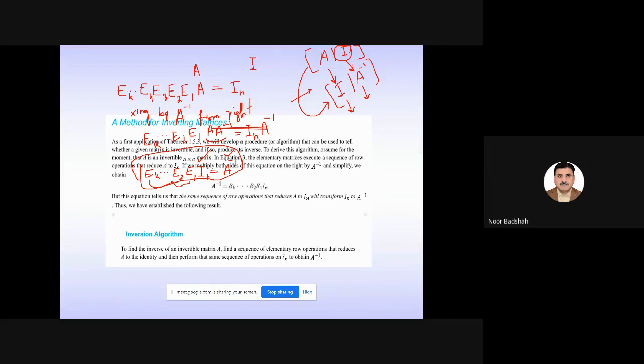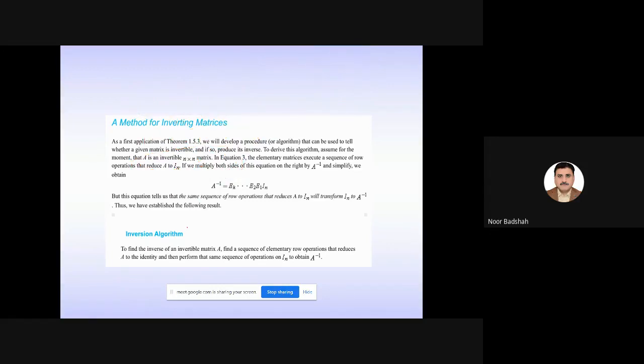It's all because of this multiplication. So A inverse is equal to multiplying elementary matrices on identity, or applying elementary row operations on identity to get A inverse. You can write in this form. So to find the inverse of an invertible matrix A, find a sequence of elementary operations.